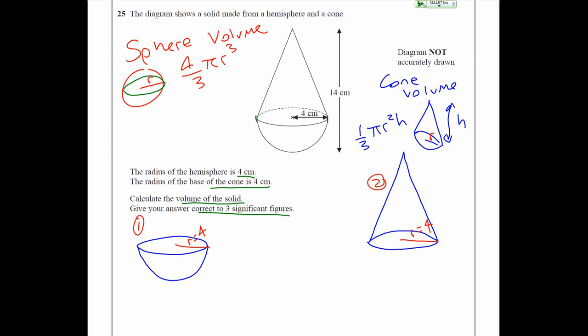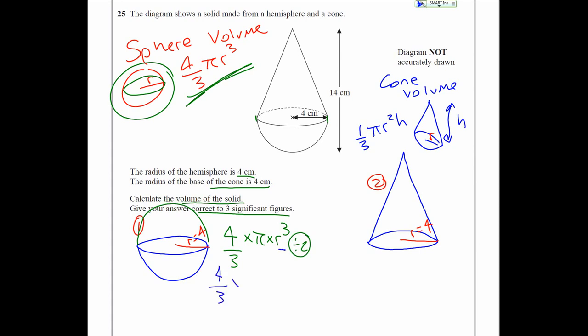Question 1 then. Well, if we want the volume of the whole sphere, if we had the extra bit on top, then we would have been doing 4/3 times pi times r cubed, as shown here. However, we only want half of that, so all we have to do is divide our answer by 2. So r is 4, so it's going to be 4/3 times pi times 4 cubed and then divide your final answer by 2.